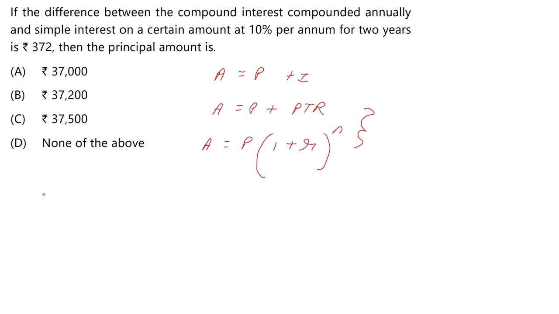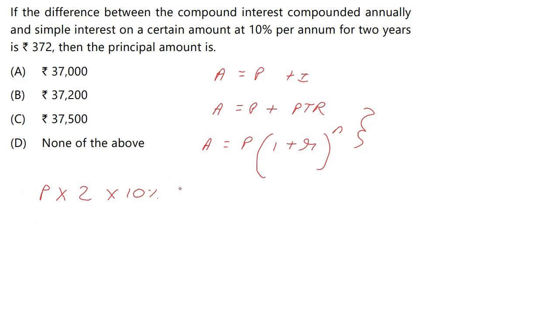So in the case of simple interest, I do not know what the principal is, so I will say principal into time, which is 2 years, into rate, which is 10%. Now, in the case of compound interest, what is this?